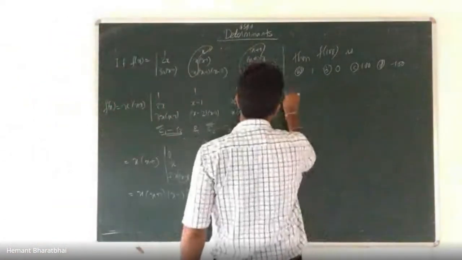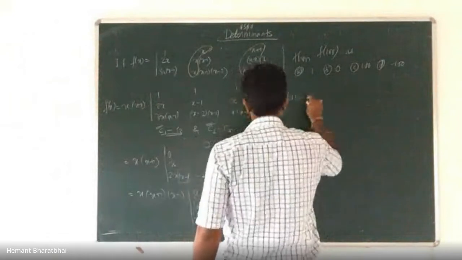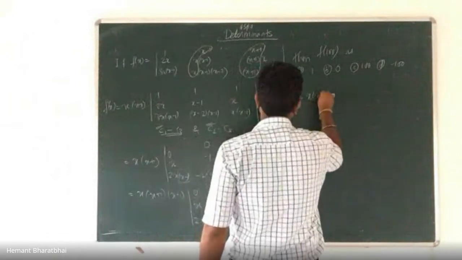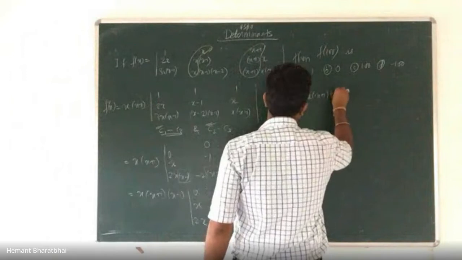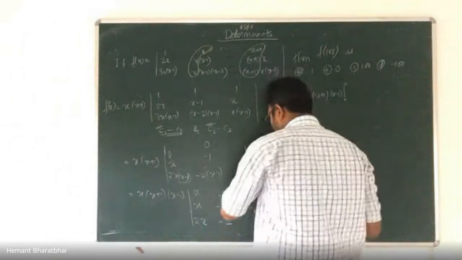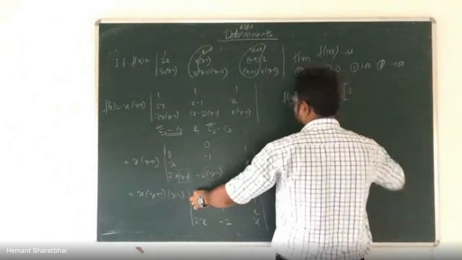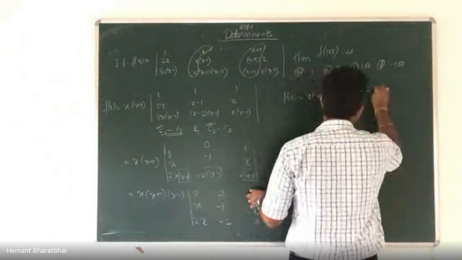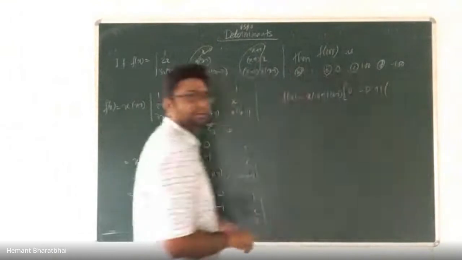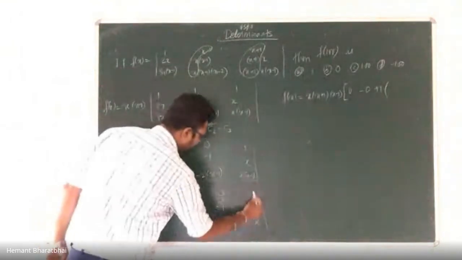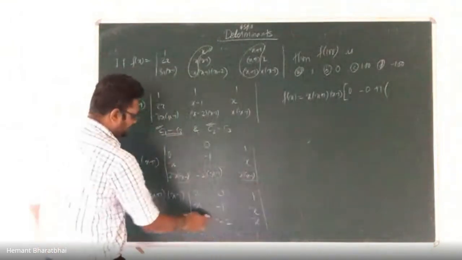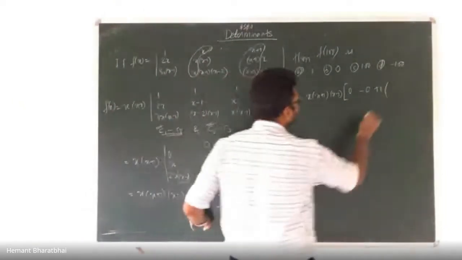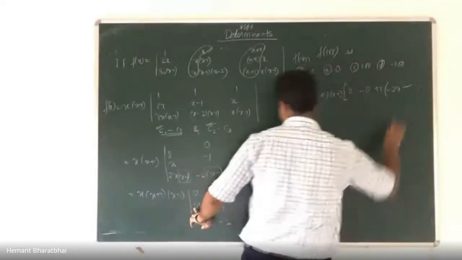So now I'll take the determinant. I'll get f of x is equal to x into x plus 1 into x minus 1 into, let me take the determinant. 0 into anything is going to give me 0, minus this 0 into anything is again going to give me 0, plus 1 into. When I take the determinant, I have to cancel this row and this column. So minus 2 into x, that will be minus 2x, minus.